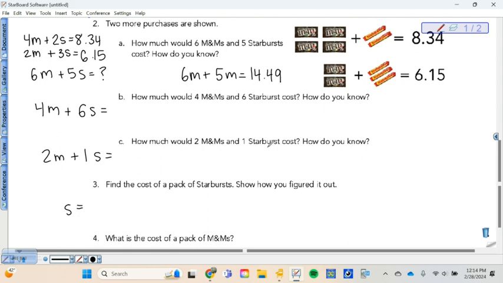I don't want to know how much 1 Starburst costs. I want to know how much 4 M&Ms and 6 Starbursts cost. So you can do what you did and plug it in, but there's an easier way to do it.